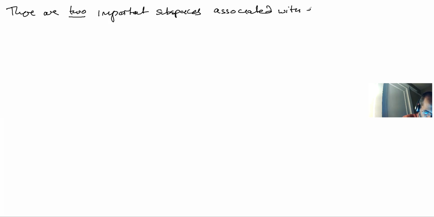There are 2 important subspaces associated with every m by n matrix A. Given any matrix, you can come up with 2 interesting subspaces which carry a lot of meaning. So let me say what those are.